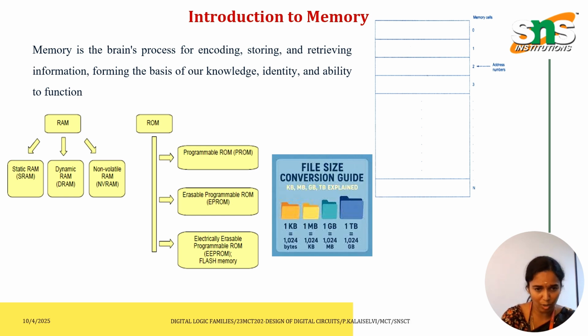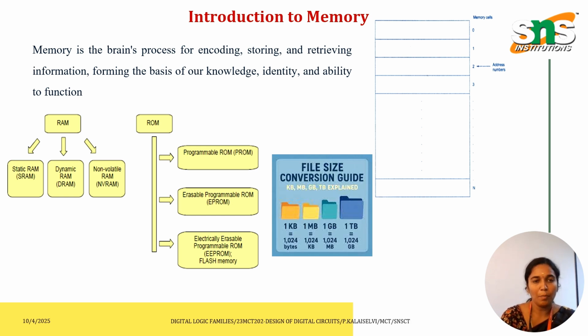In digital electronics, memory refers to a hardware device used to store digital data either temporarily or permanently. It enables digital systems to store information, the process of encoding, storing, and retrieving the data.